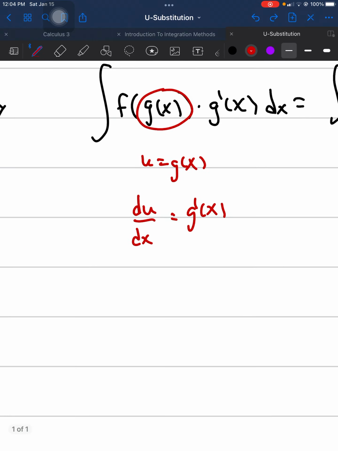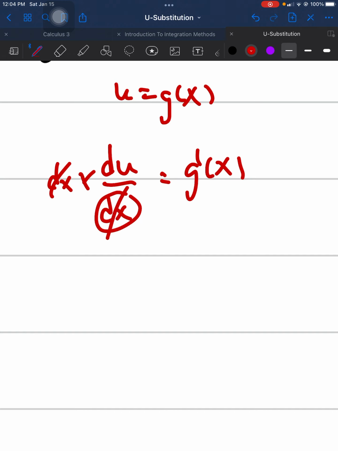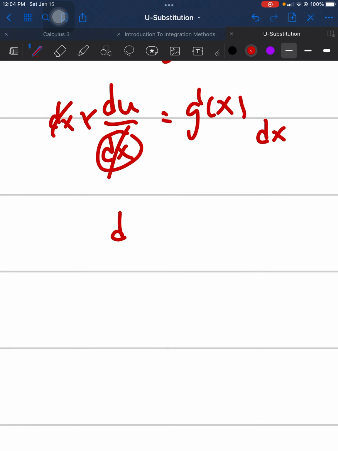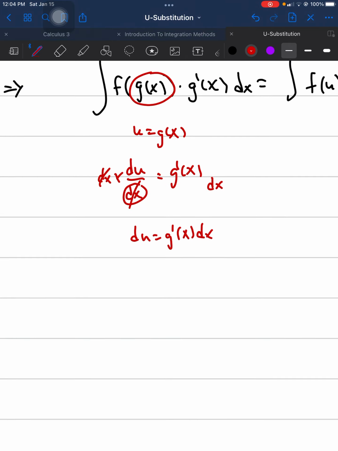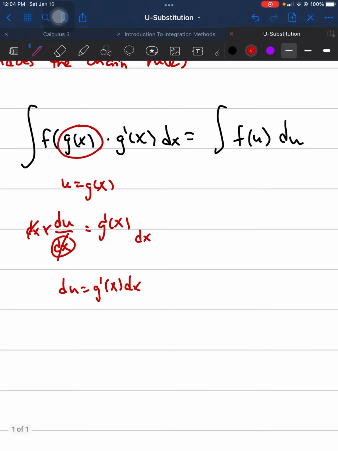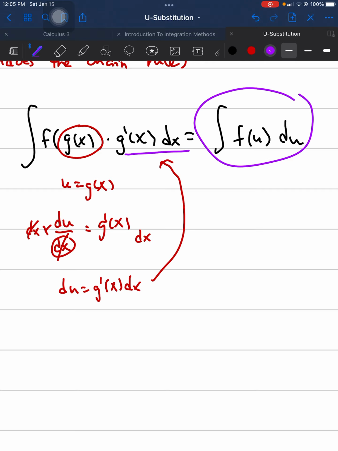That means that we want to multiply this dx on both sides, and we get du is equal to g prime of x dx. And if you look back at the setup of the indefinite U-substitution, we see a g prime of x dx right here, and we know it's equal to du, so we can just write du there, and we end up with this.